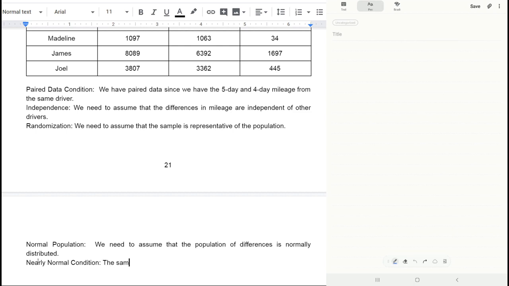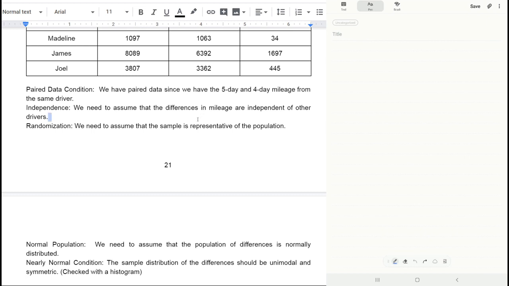The sample distribution of the differences should be unimodal and symmetric, and this can be checked with a histogram. We want to make sure that there is no extreme skewness in the distribution.